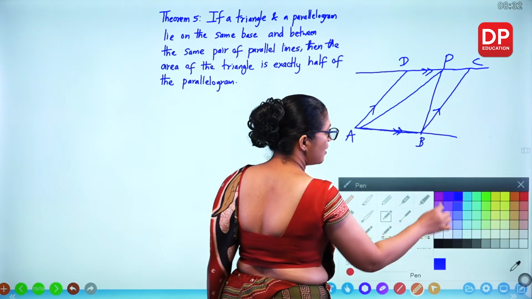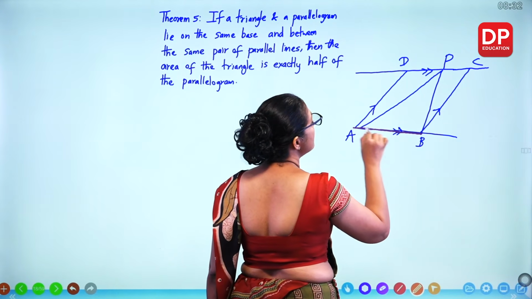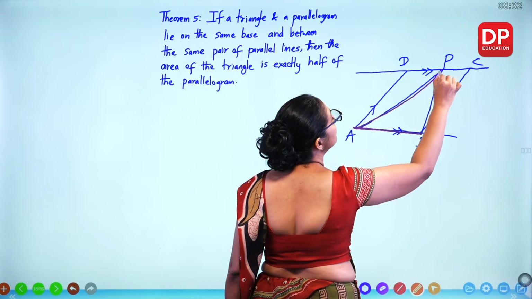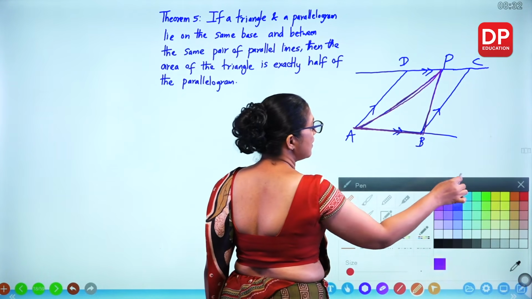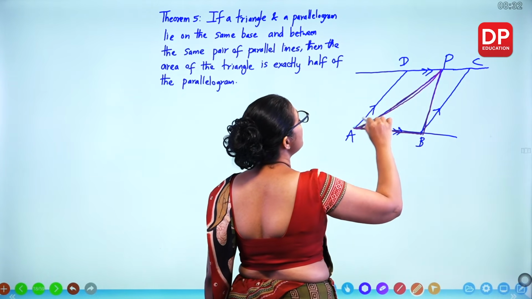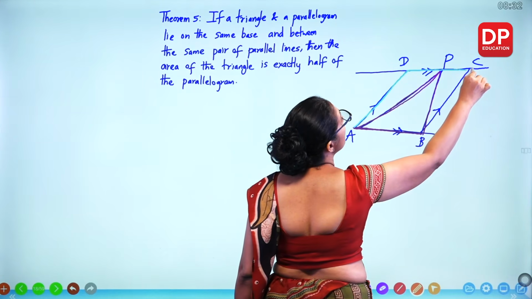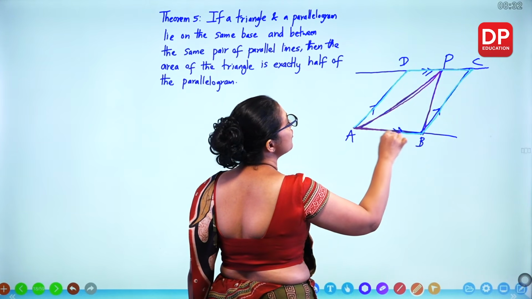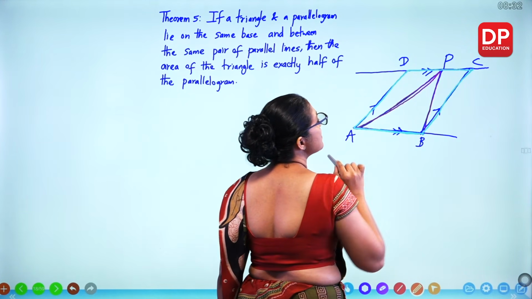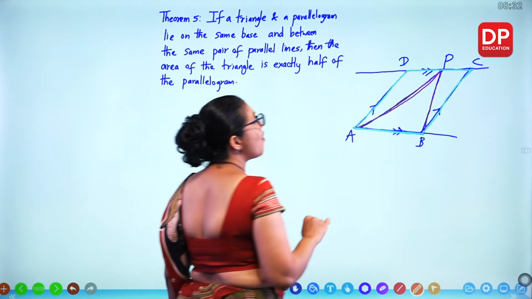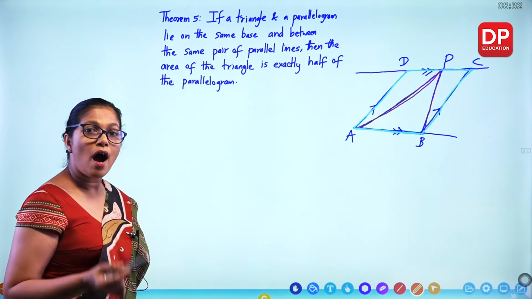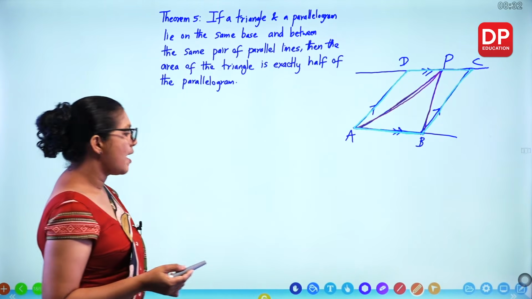I'll use a different color. This is the triangle. And I'll draw with another color. This is the parallelogram there. So you have to find out the areas and see whether the area of the triangle is half of the area of the parallelogram.